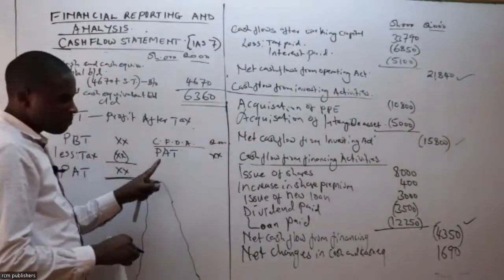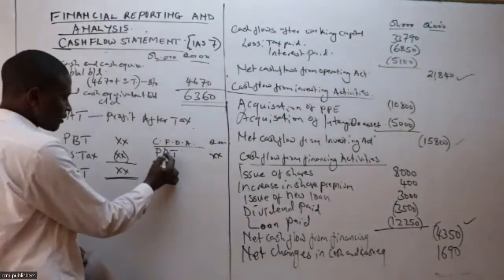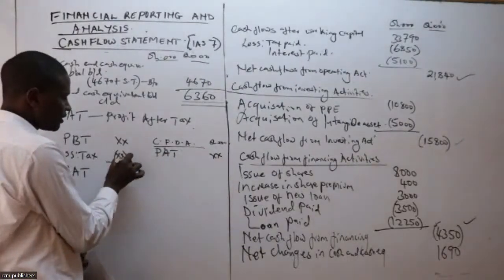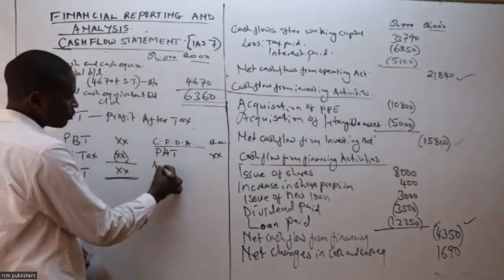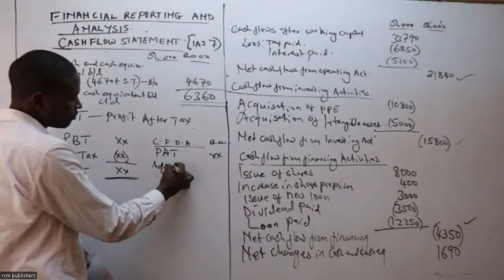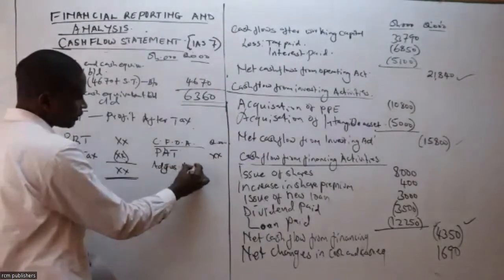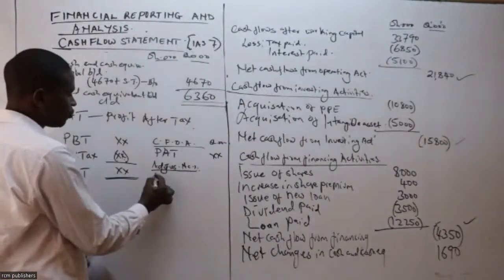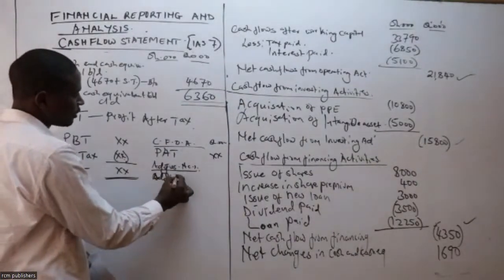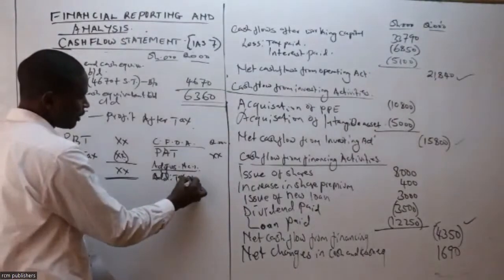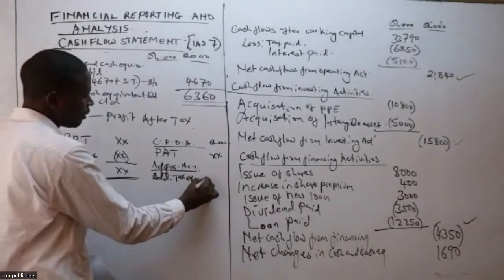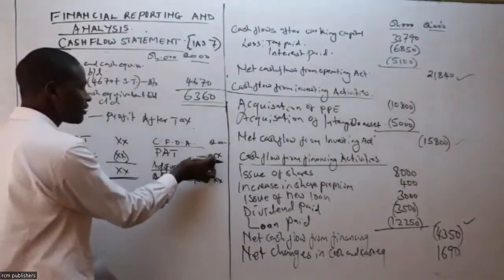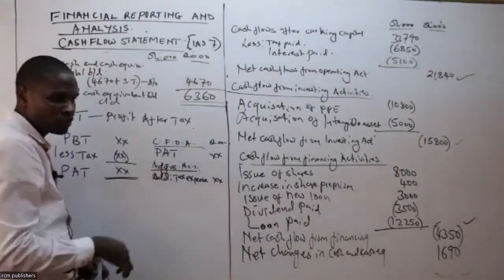Then remember that in this PAT, we had subtracted tax. So under adjustment of non-cash items, bring this tax. You add tax expense. You call it tax expense. So you shall have returned this profit to a profit before tax.